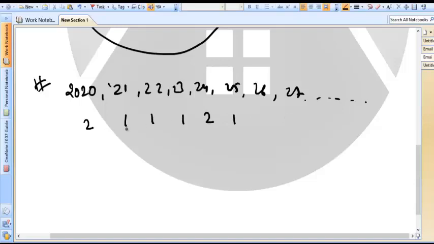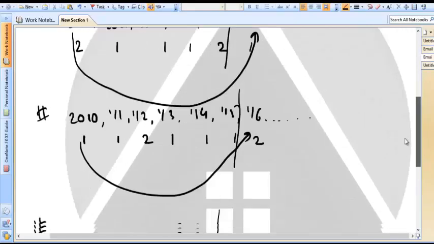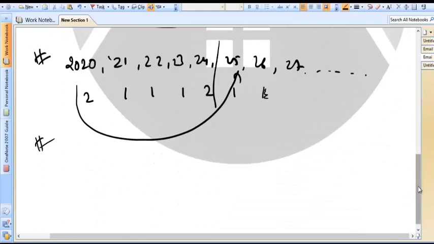So 2, 3, 4, 5, 6, 7 and again make a line. So it means this one is going to repeat. Now suppose it doesn't make 7, it makes 8. Then I should not say this one will repeat. No, here it's not making 7.